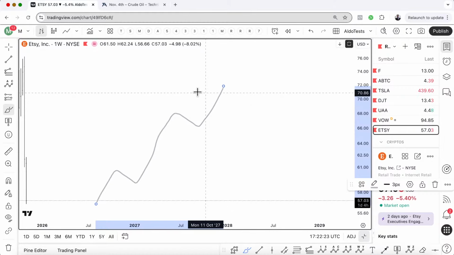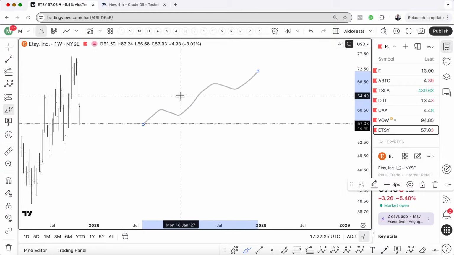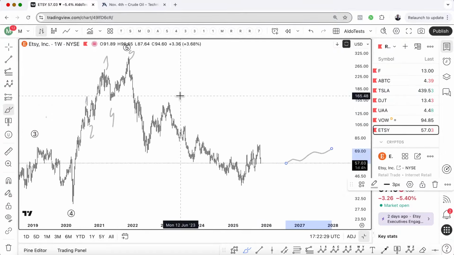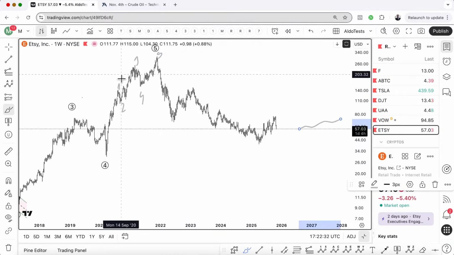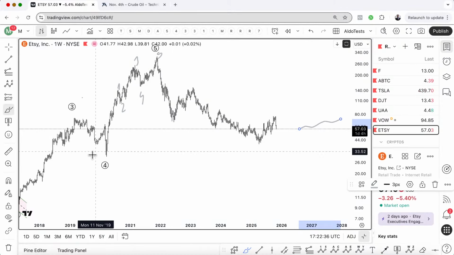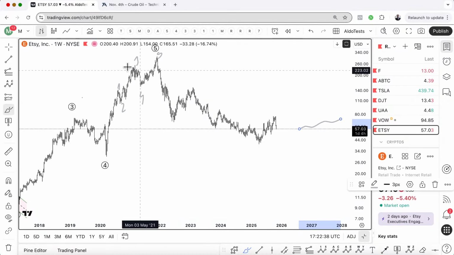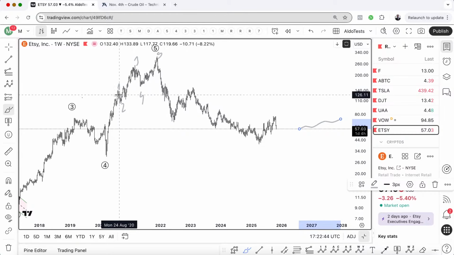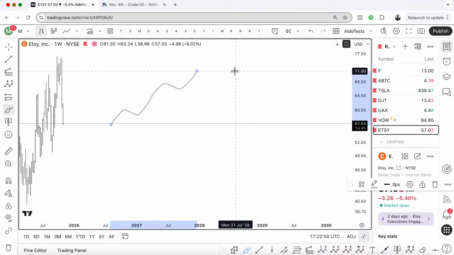You probably recall how we were on this chart and we were looking for the subdivisions of wave 5, because on the monthly they were not very clear, so I suggested, well, let's go to the weekly. And if it's not clear in the weekly, well, we go to the daily, because we have to look for where we find them clearly.